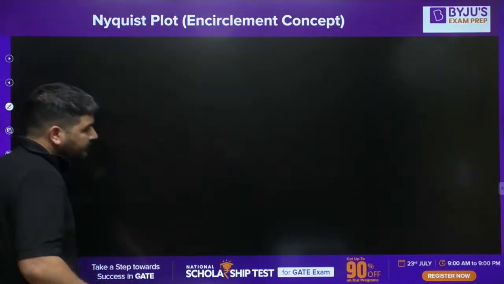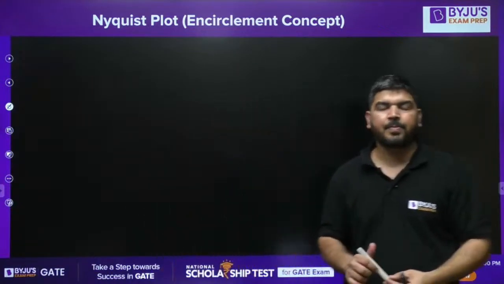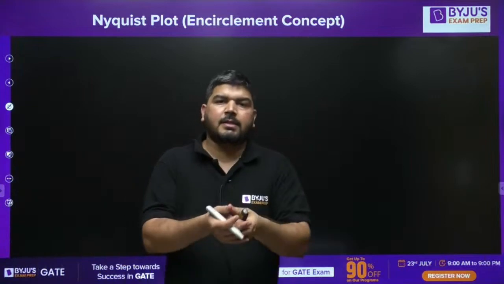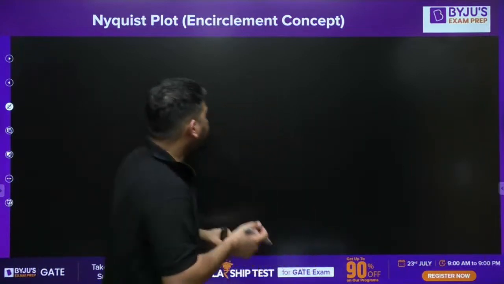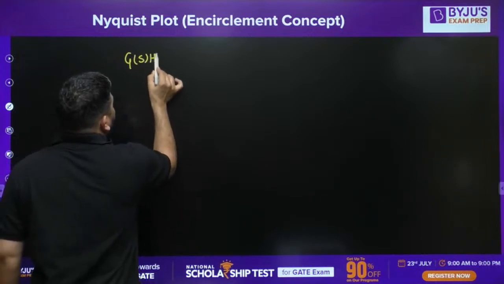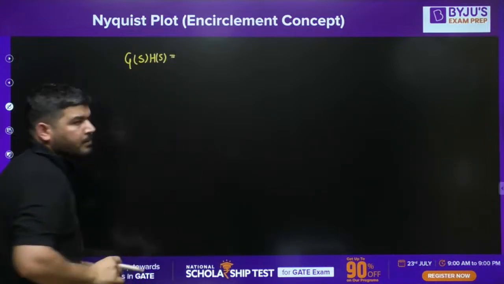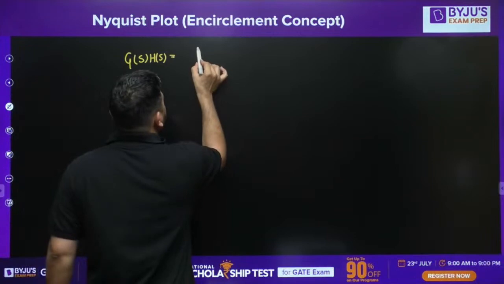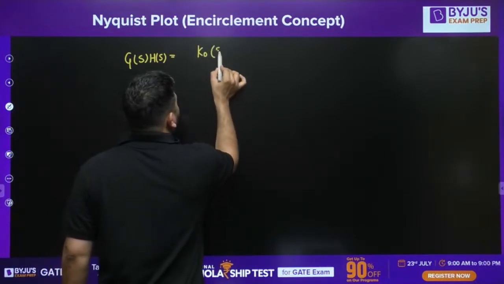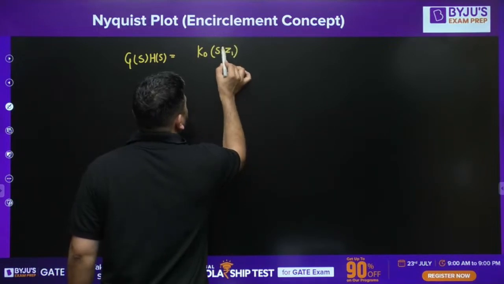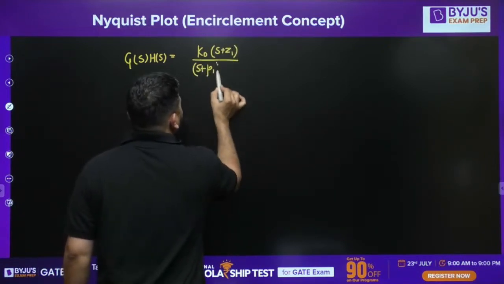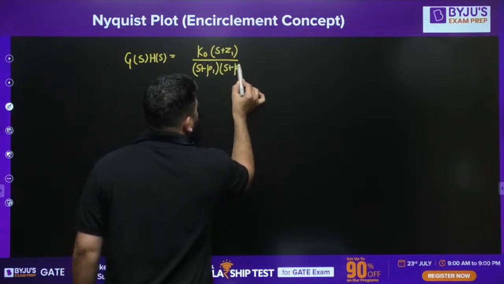Now the next thing is, sometimes G(s)H(s) is provided to you. Let's say G(s)H(s) is given as K0 into (s minus z1) or (s plus z1) divided by (s plus p1) into (s plus p2).